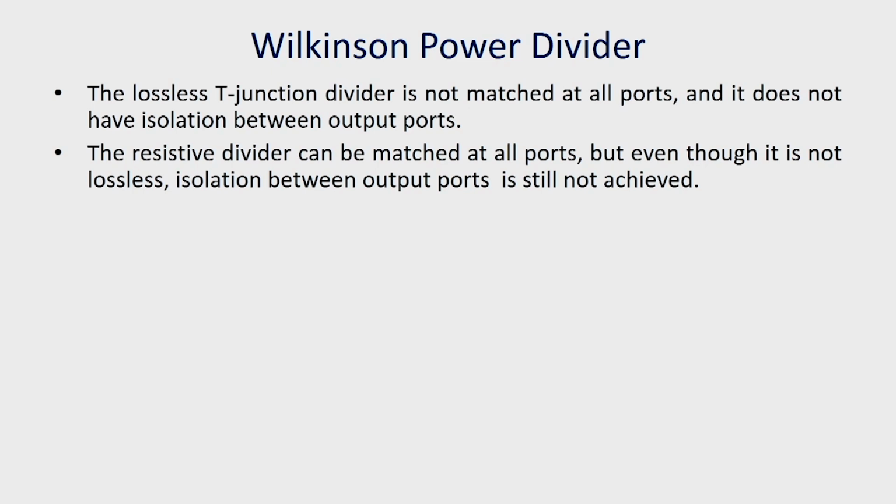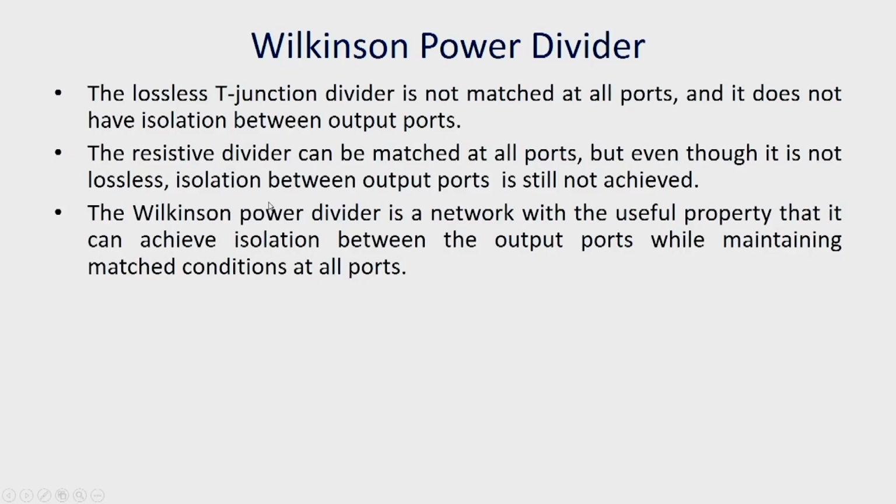Because a resistive power divider is a lossy divider, it can be matched at all ports, but isolation between output ports is still not achieved. So, Wilkinson power divider, it is a network with the useful property that it can achieve isolation between the output ports while maintaining matched condition at all three ports.